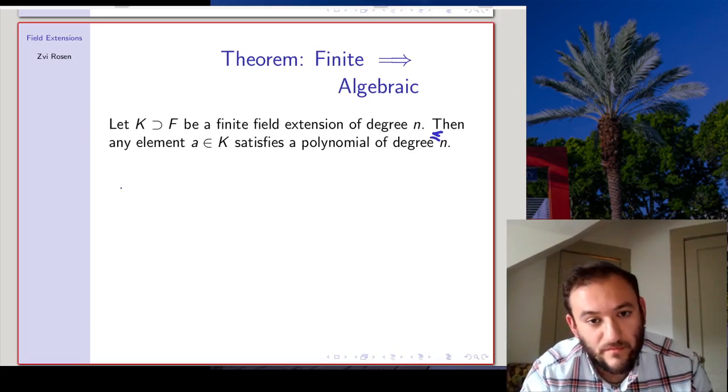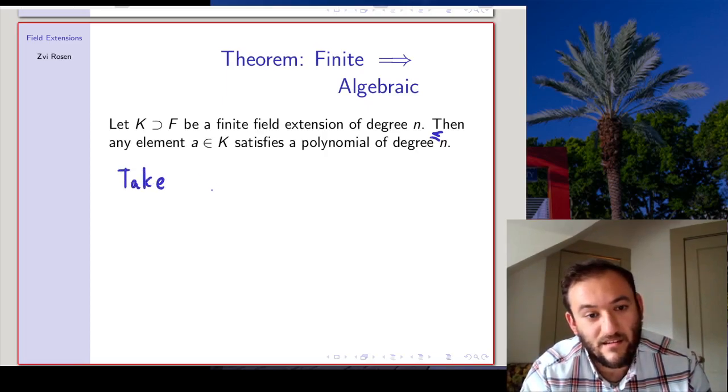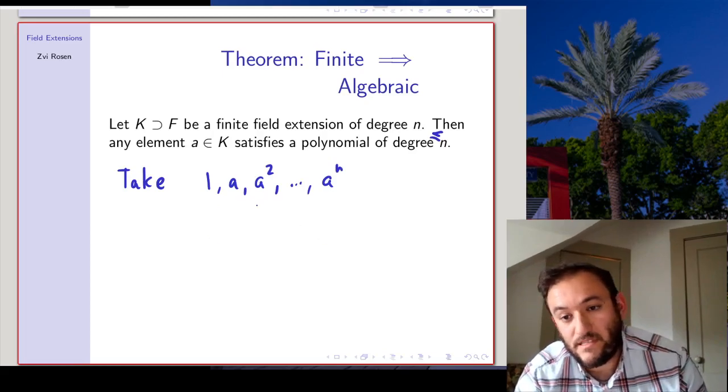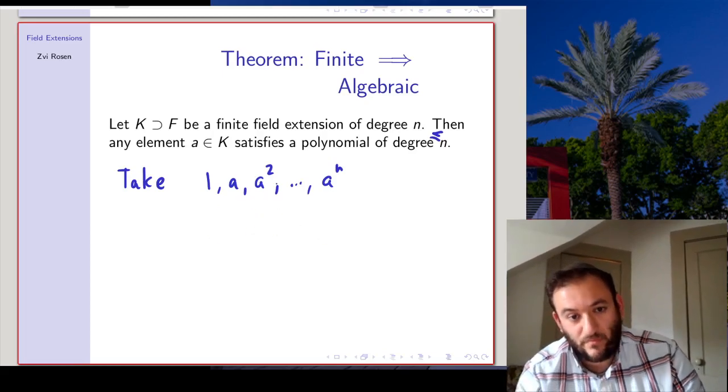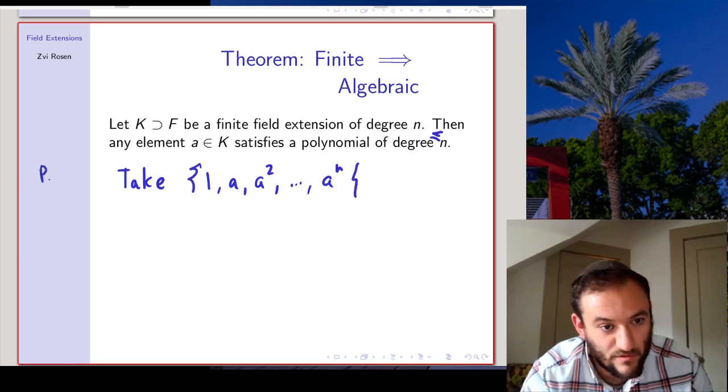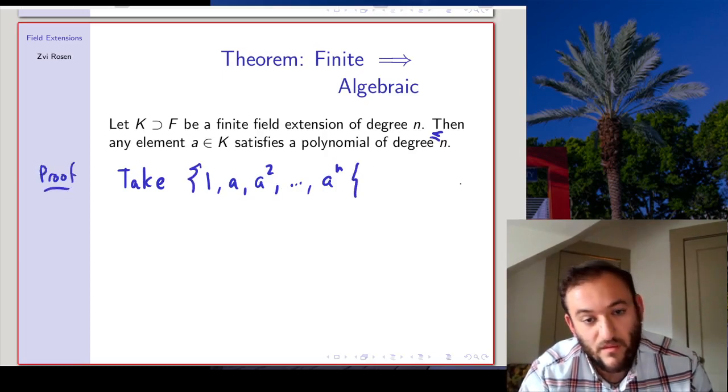Okay, well, how is this the case? So take the set 1, a, a squared, etc., a to the n. Just note this is the proof of this theorem.